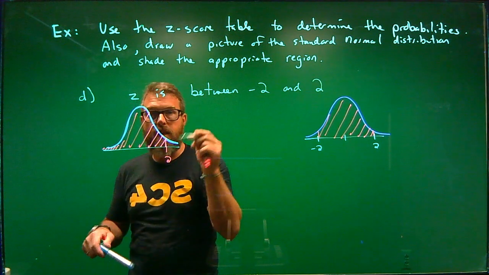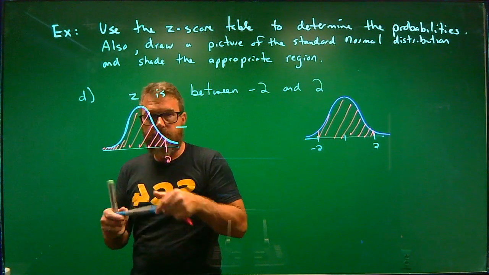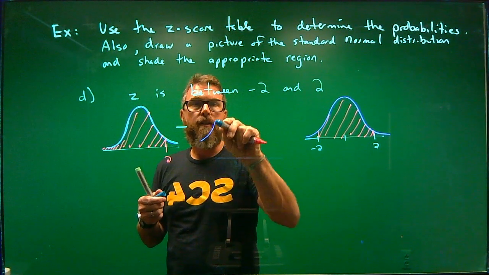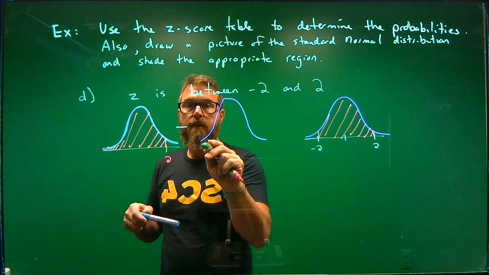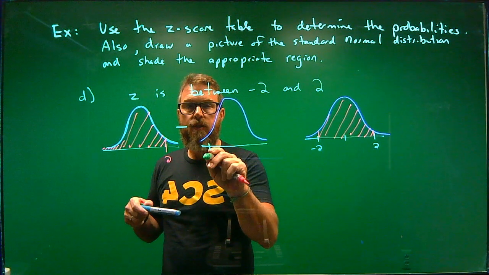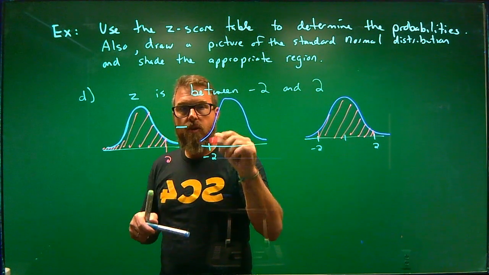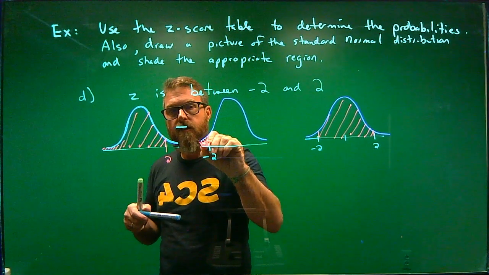So what I'm going to do is subtract off the area to the left of -2. So -2 being right here. So I'm going to subtract off this tail here.